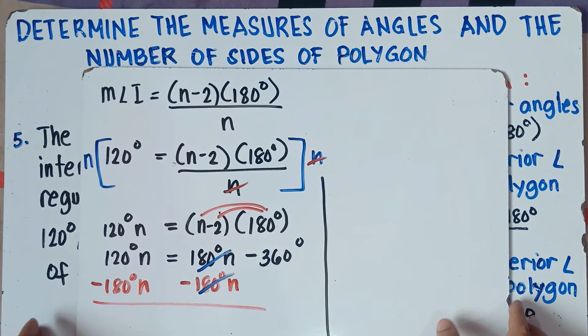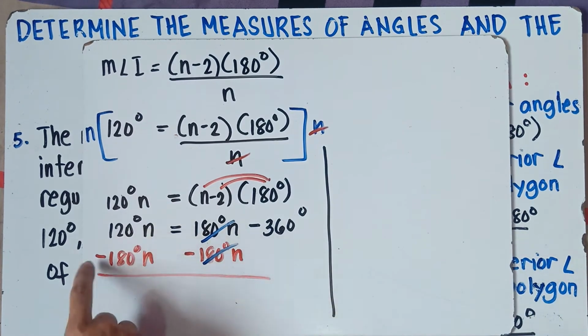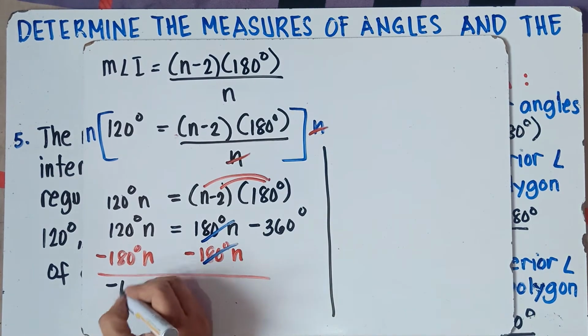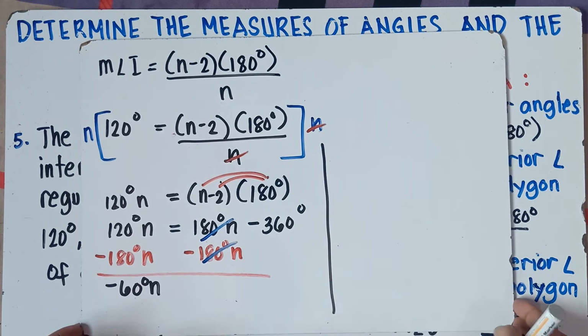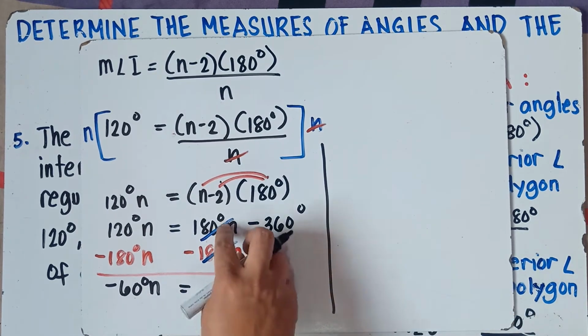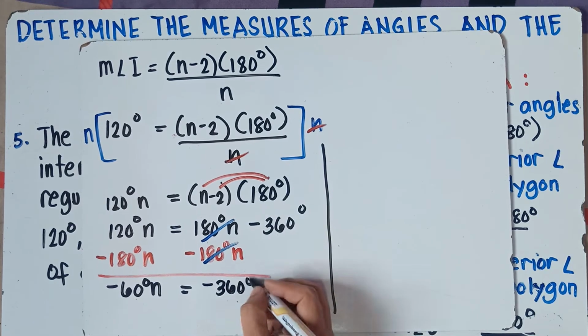And then 120 degrees n minus 180 degrees n, this will be negative 60 degrees n. So this will be negative 60 degrees n equals, we just simply cancel this out, copy negative 360 degrees.